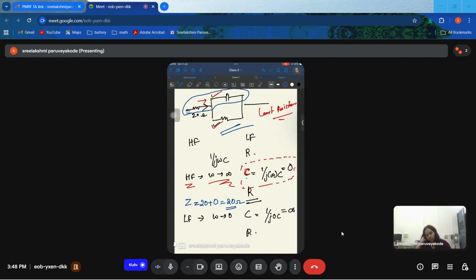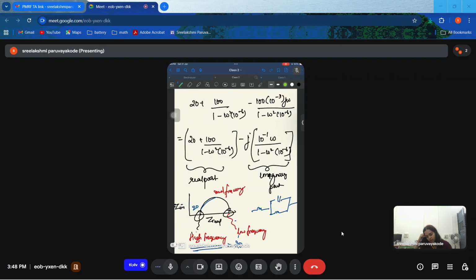Low frequency, omega tends to 0, the capacitance is offering infinite resistance. Now, it has a tendency to go through the path where the resistance is least. It will go through the resistor, because the capacitor is offering very high resistance.